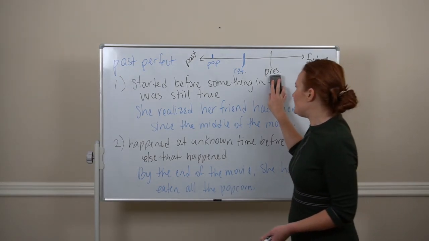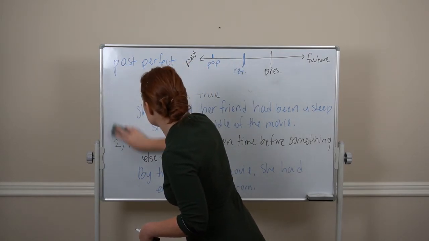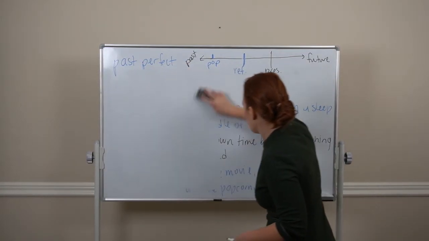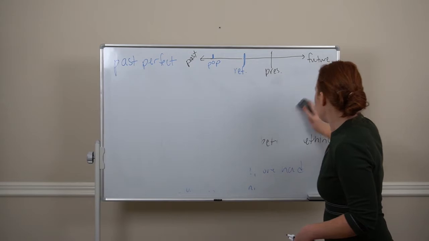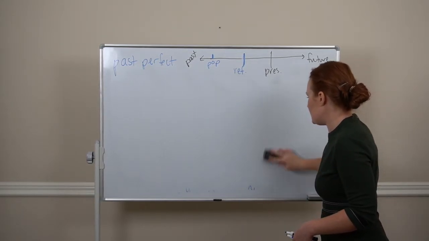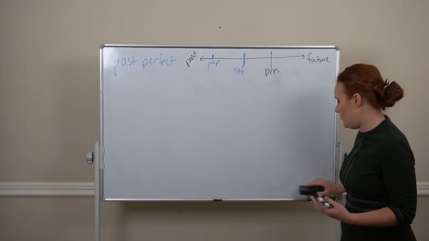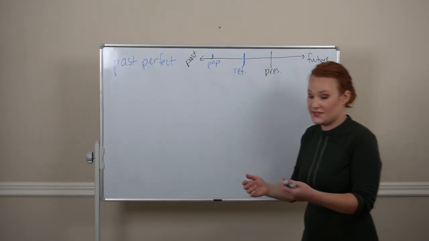And our last usage for past perfect would be something that happened multiple times before this point in the past.